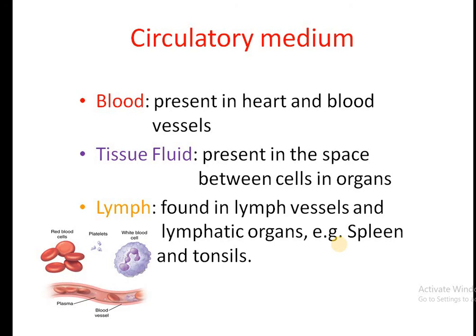Now, for these different fluids present in our body to flow, there is a system known as the circulatory system and the lymphatic system. So, the circulatory system consists of blood, tissue fluid and the lymph.